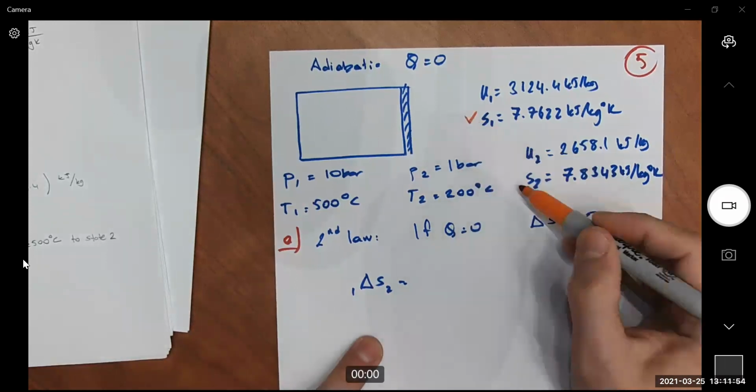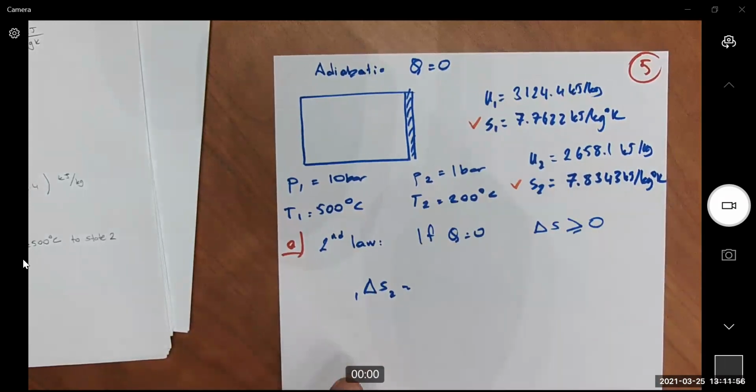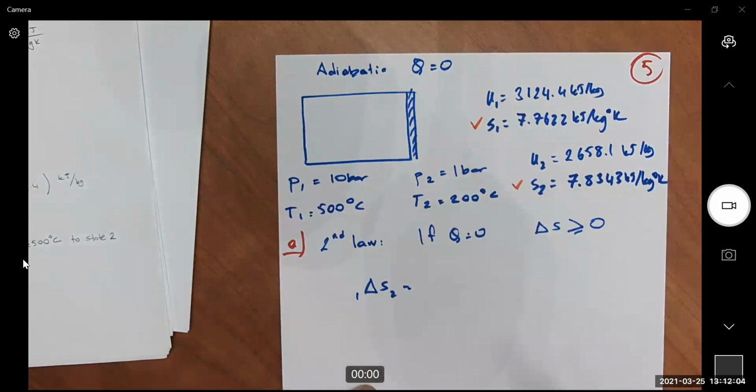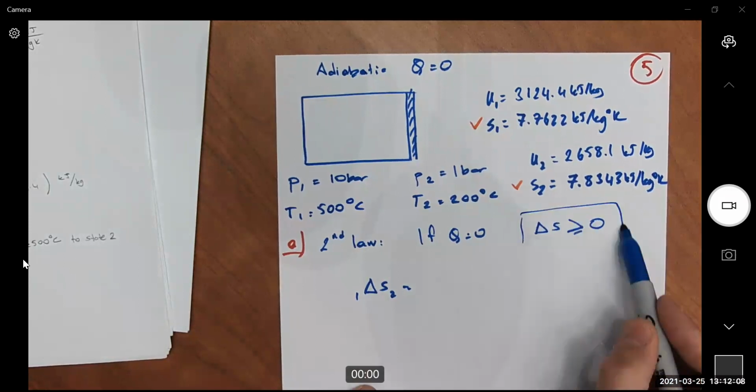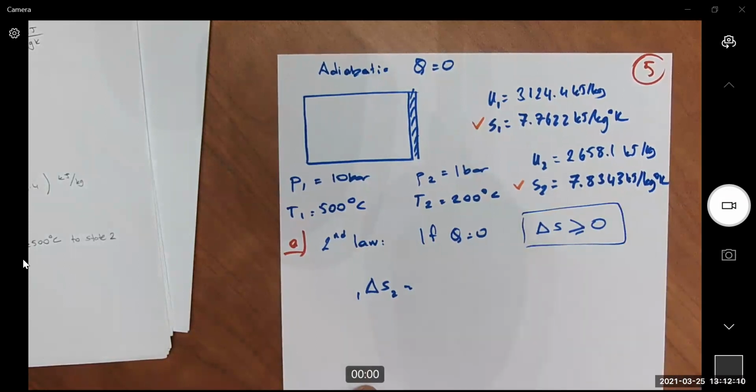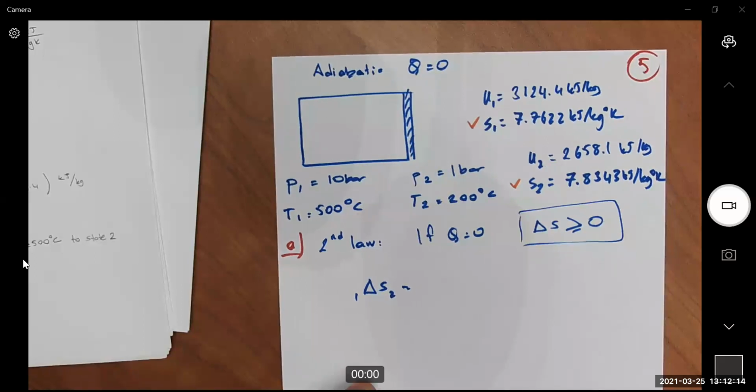I know my entropy for each state, state 1 and state 2, which I can use to find the difference and see if I'm violating my second law. Because I know the condition here: if it gives me negative, I'm violating, correct?